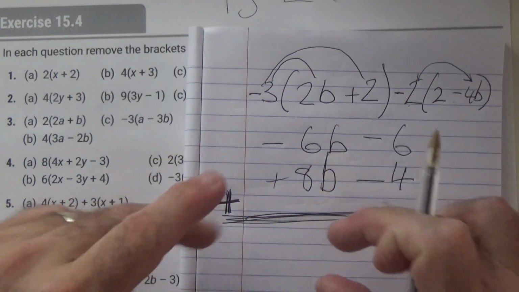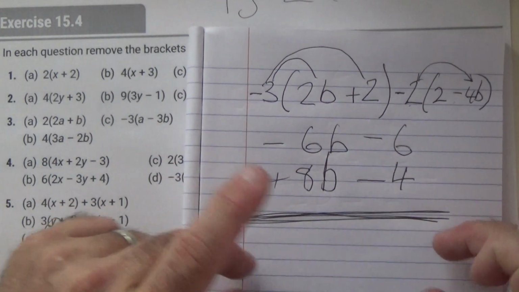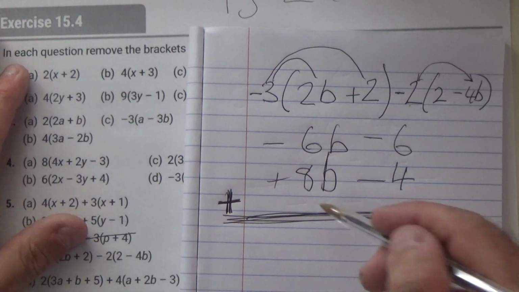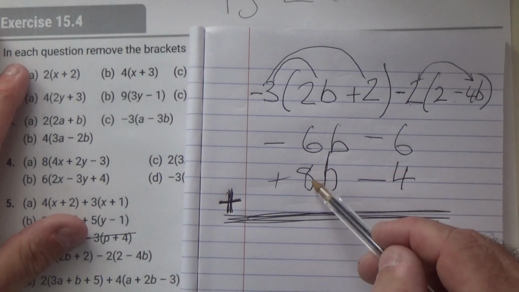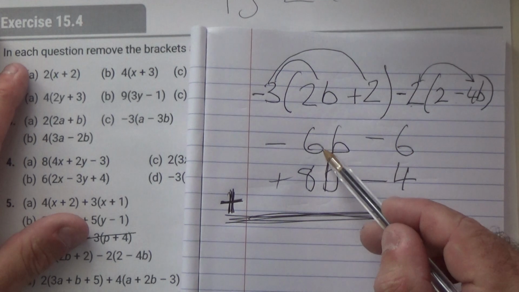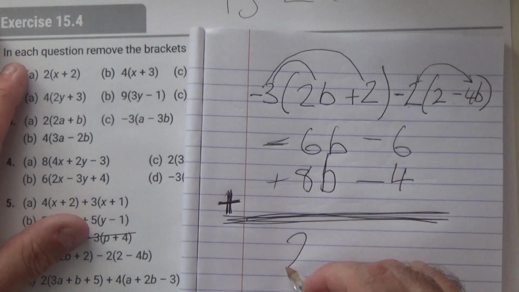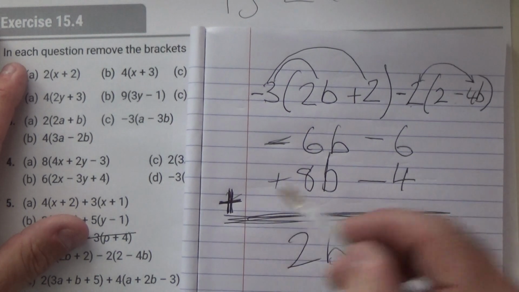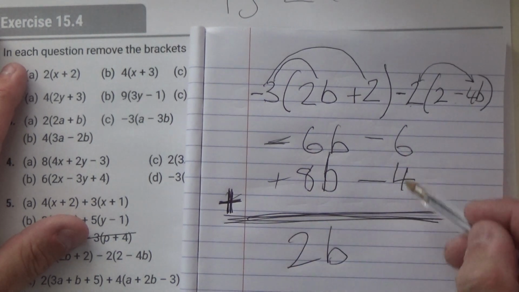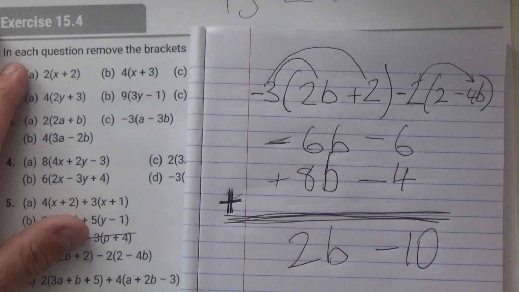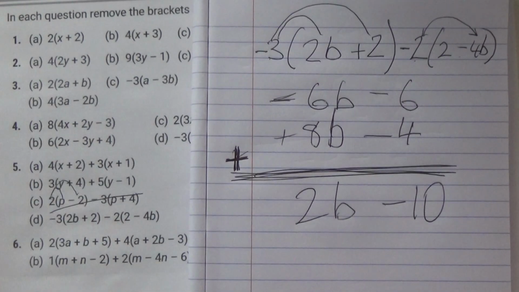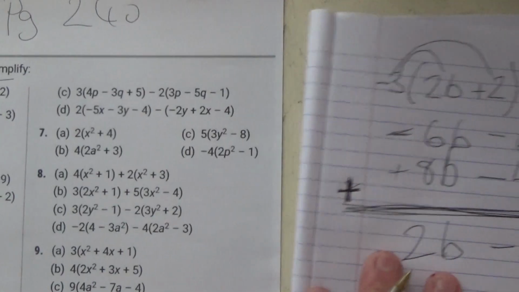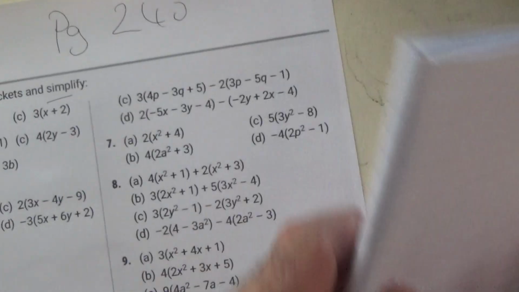Now the book will show you examples where they're done out in a row and they're grouped, and that's correct as well. But adding these together, I can say this is 8b take away 6b because of that minus. That's 2b. And these are two minuses, and remember we're adding now, so keep the sign and add them. 6 and 4 is 10. Great. That's 5 done. And we're moving to 7.